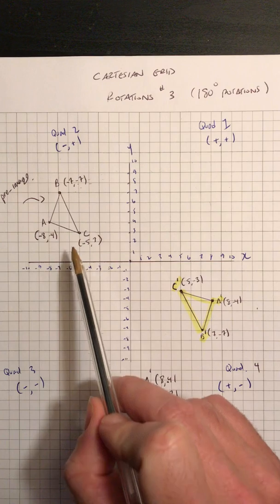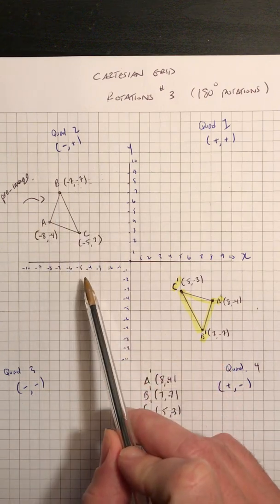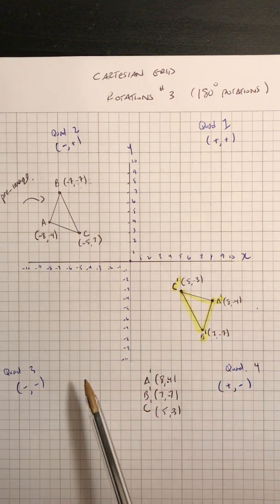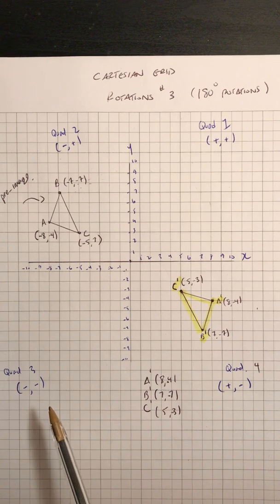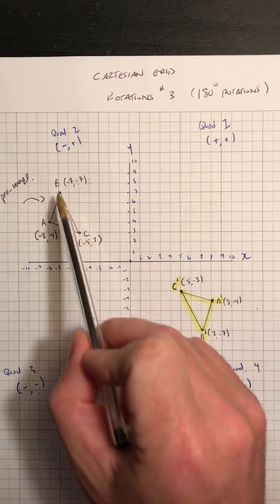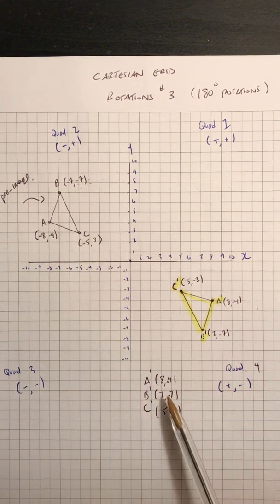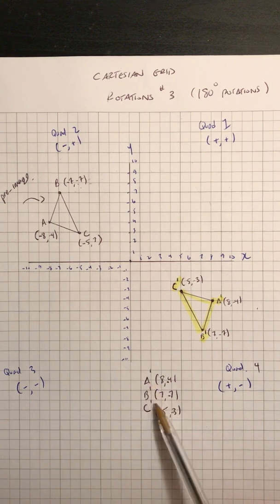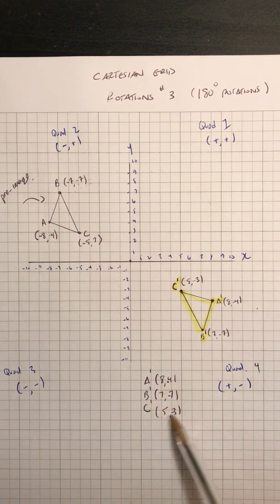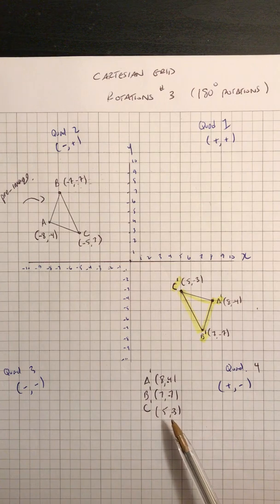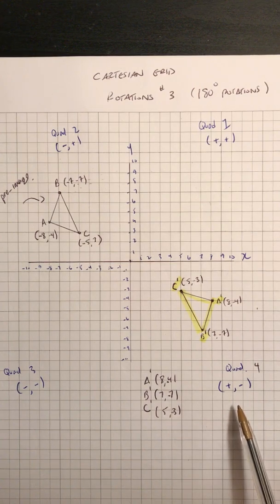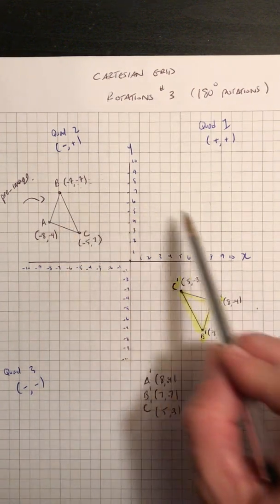Okay, so we have our pre-image. This is our original image. What we want to do when we are in a 180-degree rotation is that we take the ordered pair, and it's the same thing except A prime, B prime, C prime. Ordered pair is going to be the same numbers. What we're going to do is put in the signs of the quadrant that it's rotating into.